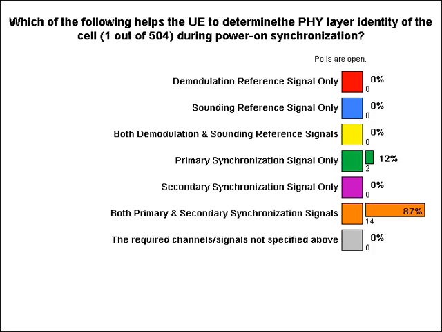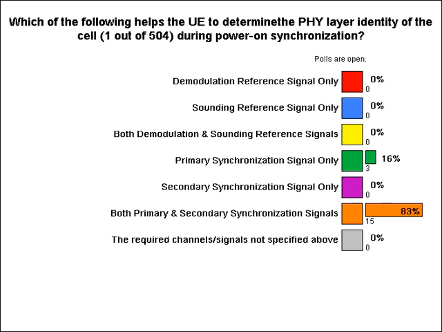Let's show the results. You made me happy. So 82%. Okay, so we are gradually making improvements. So that's the correct answer. Primary signal will give us the cell number within the group. Secondary signal will give us the group number.